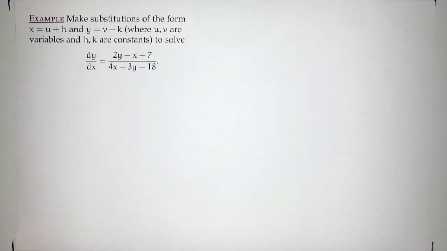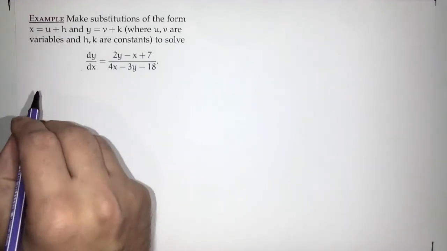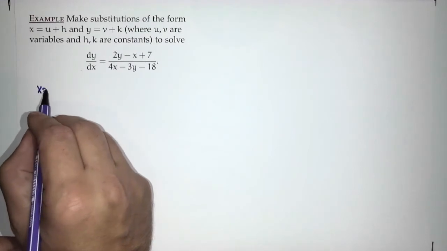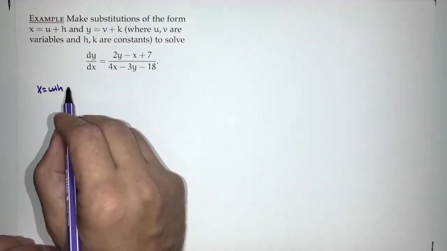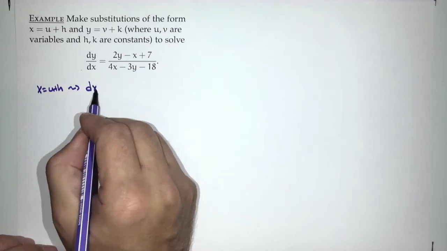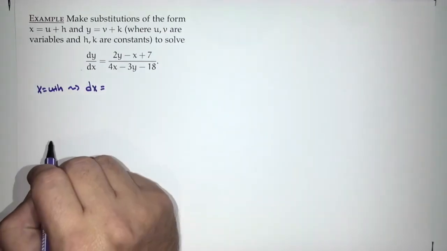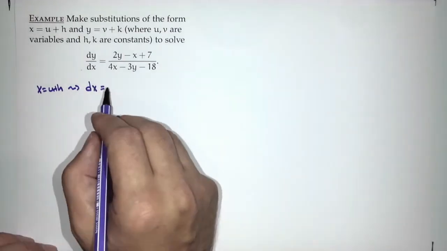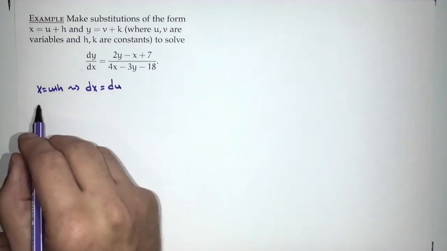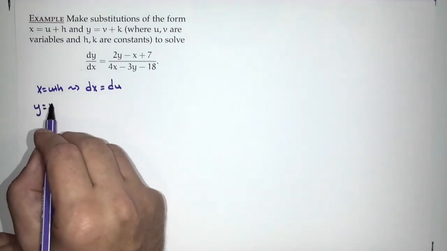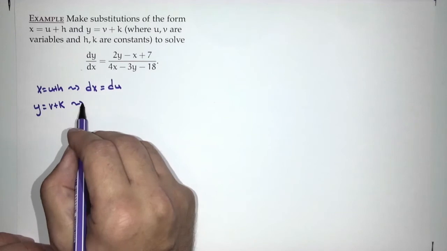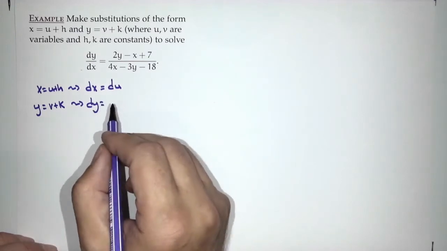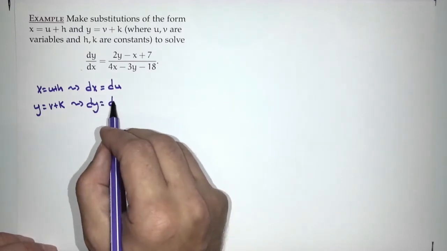All right, well, let's take a look at things we can say. If x is equal to u plus h, what can I say about dx? It's du. If y equals v plus k, what can we say about dy? dv.